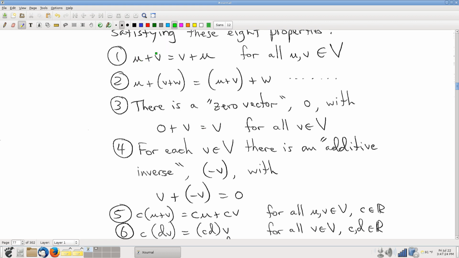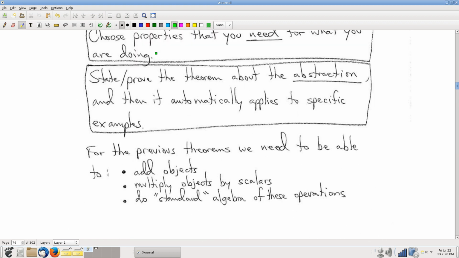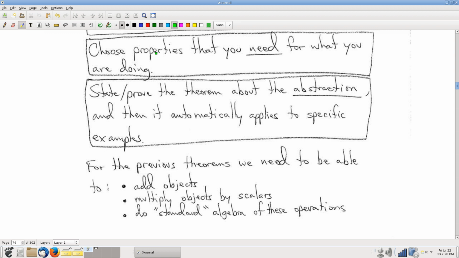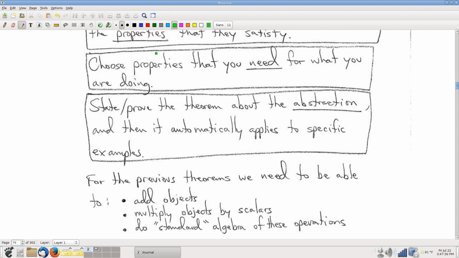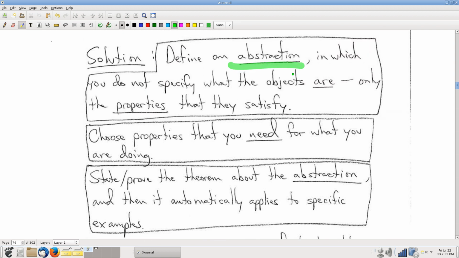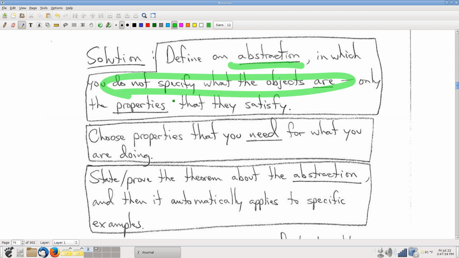Okay. So notice what we've got then is, going back to the notes from the previous lecture, we have arranged for an abstraction. We never specified what the objects are. These objects in this vector space, that abstraction that I've defined, could be anything. Right? We've simply talked about the properties that they must satisfy. We have to be able to do certain operations, and those operations have to behave in certain ways.